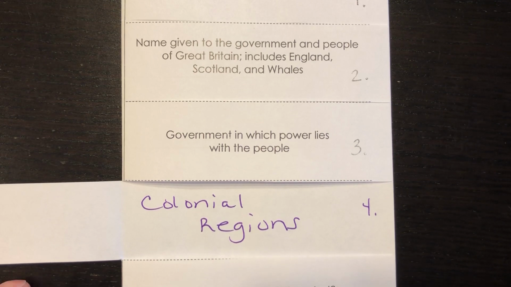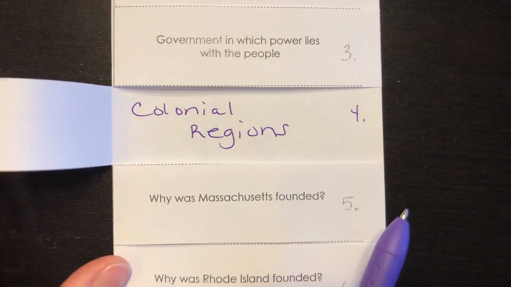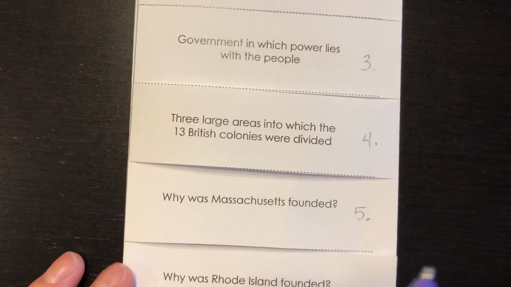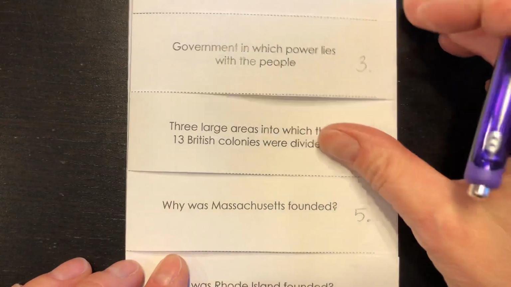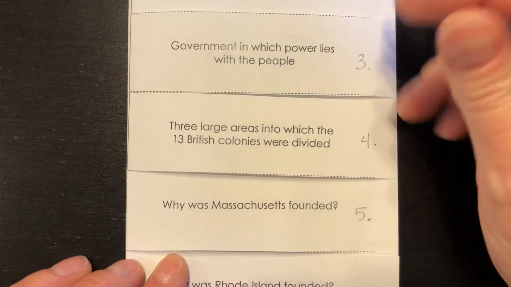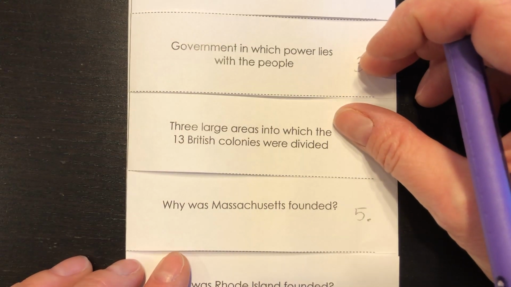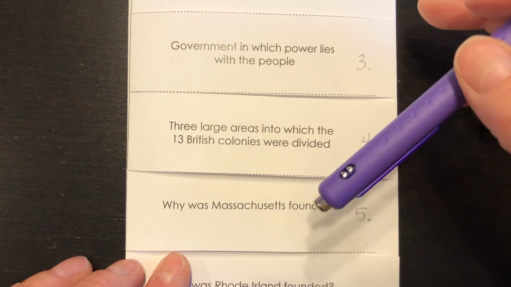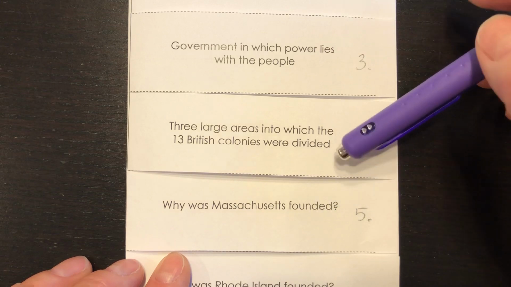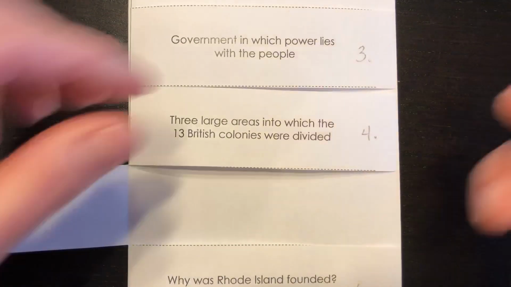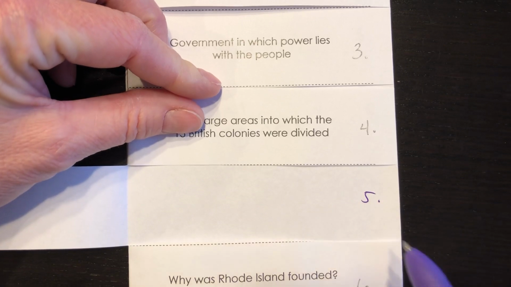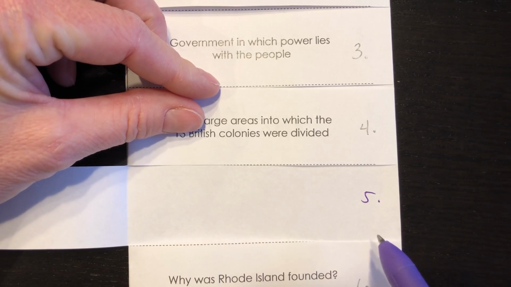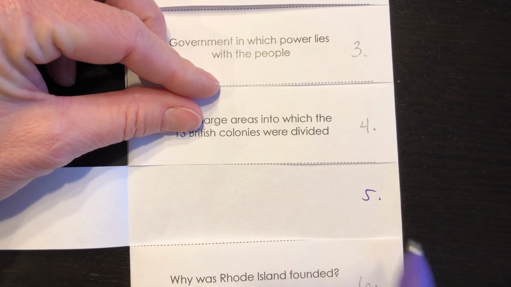Okay, number 5. Why was Massachusetts founded? So maybe you want to peek back at your notes packet and see if you can figure it out before. You could press pause right now. But why was it founded? It was founded basically because the Puritans wanted to freely practice their religion. So open it up. And be specific that it was the Puritans. Don't just make it freely practice religion, because on your test you're going to have to be specific.